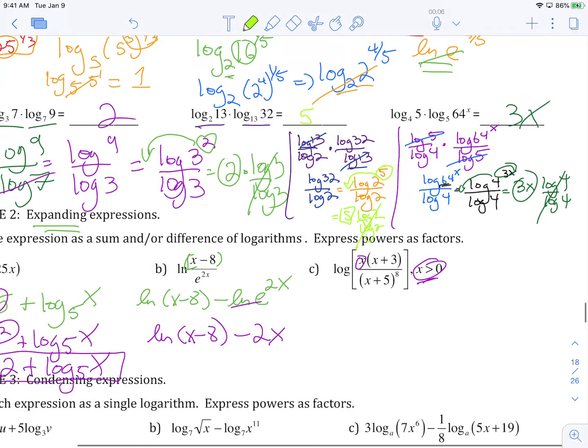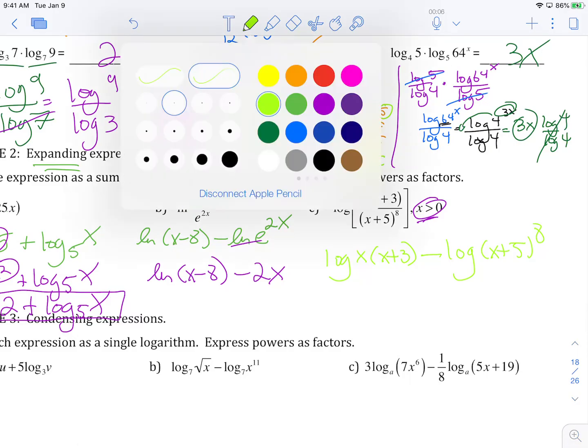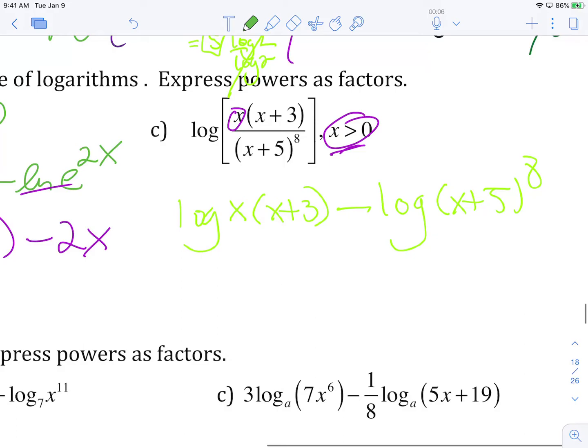log of x times x plus 3 minus log of x plus 5 to the 8th. And then this is a product, so I can split this up even more.